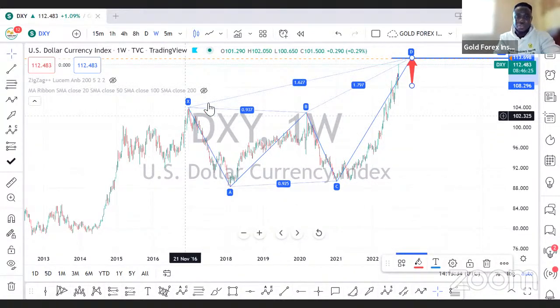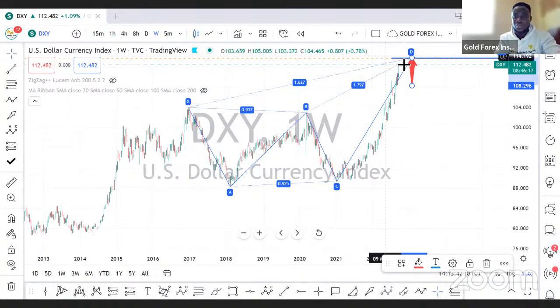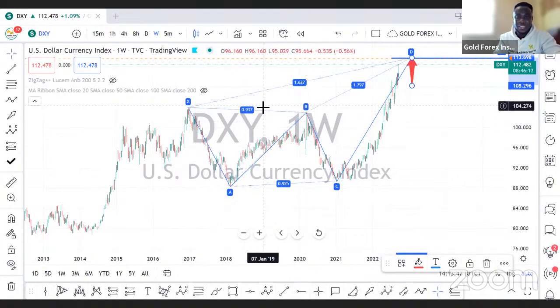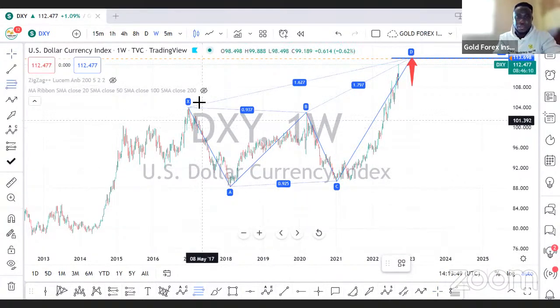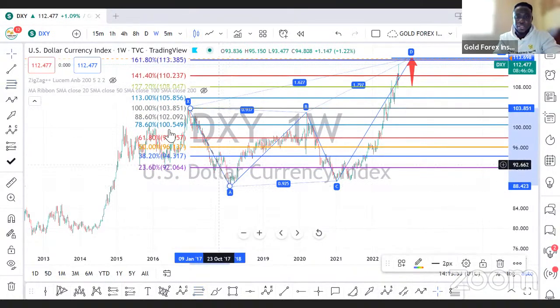Now in STR, this one, the B, which is the break of market, ended at 88.6. So this is going to the 1.618 Fibonacci extension level. This is the 88.6 Fibonacci retracement level. You can see over here, this one tied the 88.6, which is this line.